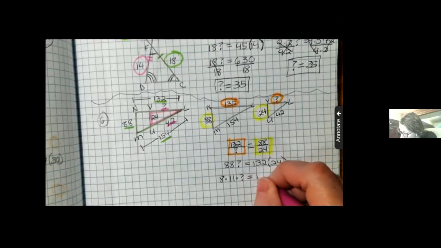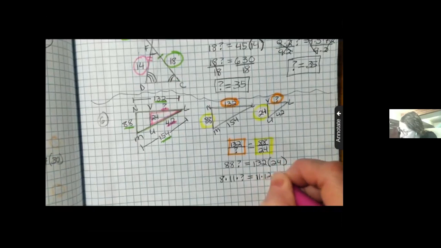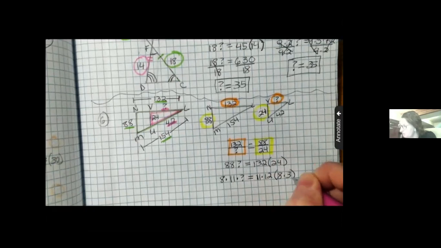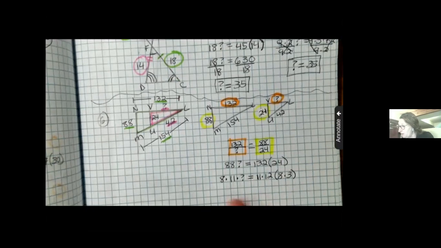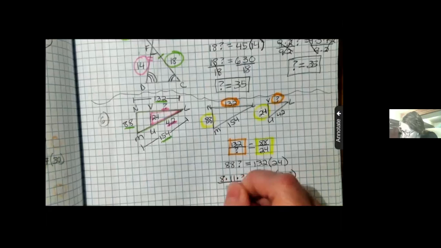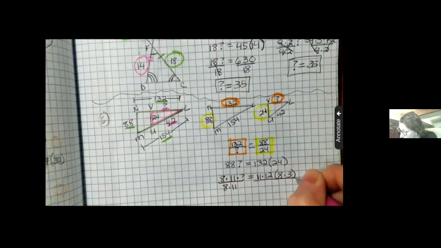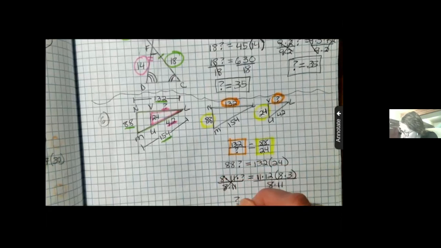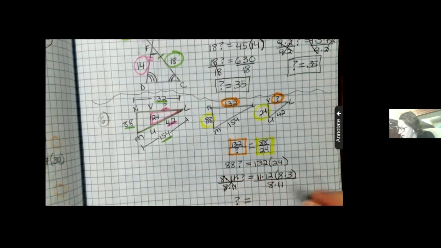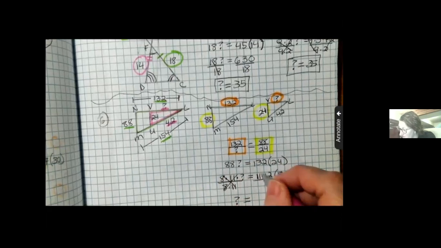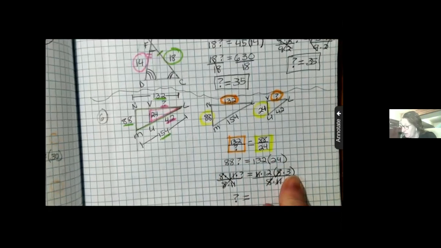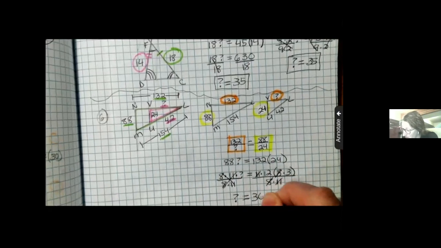So you have 11 times 12, okay, and it might help you to go 8 times 3, okay? So now you have all your factors. And oh, look, 8 and 11 are there. So if I divide by 8 times 11 and divide by 8 times 11, obviously these go away and question mark is left by itself. Now I just get rid of common factors. And all I have left is 12 times 3, which is a whole lot easier math to do. And that is 36.